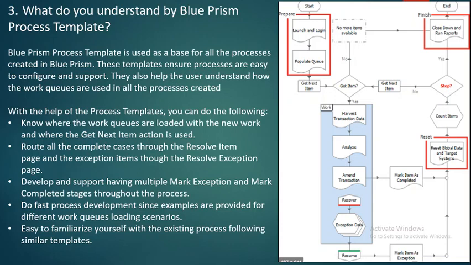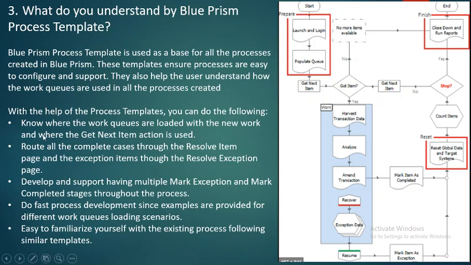This template is very important for us to create in such a way that even a new user who is learning Blue Prism can see the process and easily understand which particular field belongs to which queue. So how is the process template helpful for the process?